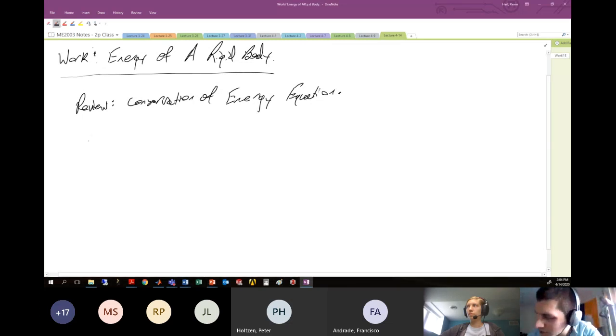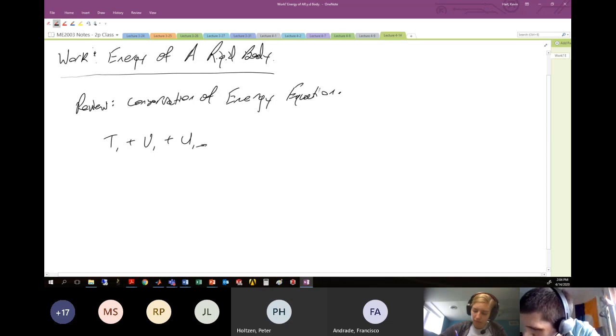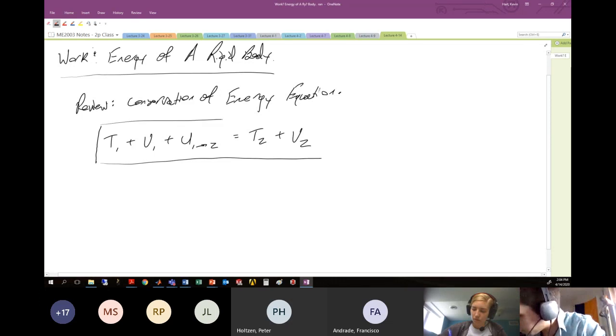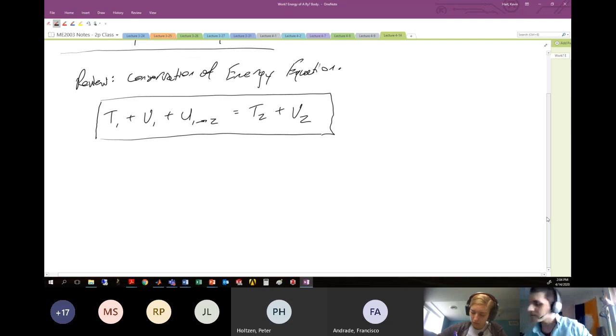And that general equation, which is one that we're going to continue to use over and over in this class, is something like T1 plus V1 plus U 1 to 2 equals T2 plus V2. All right, hopefully you have all seen this equation before, and we will use this over and over and over. You will write this on your papers often, right?